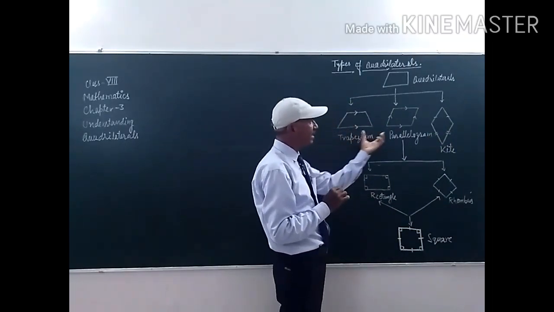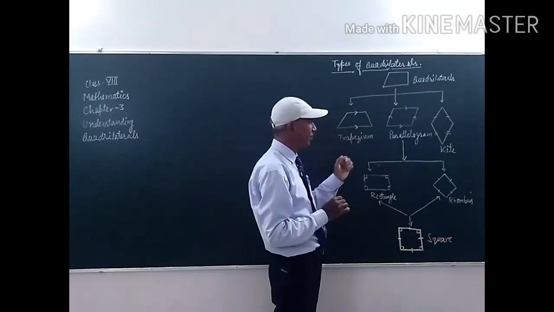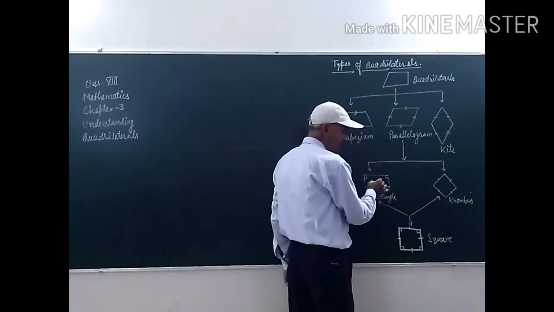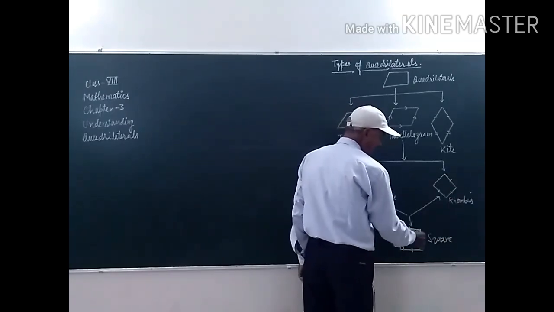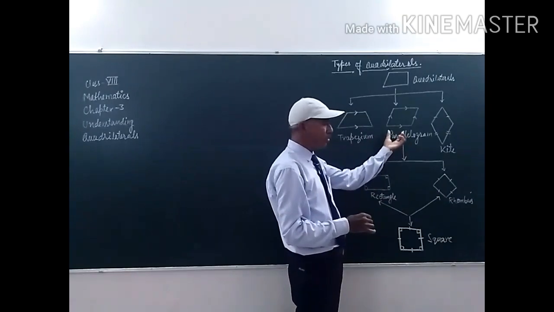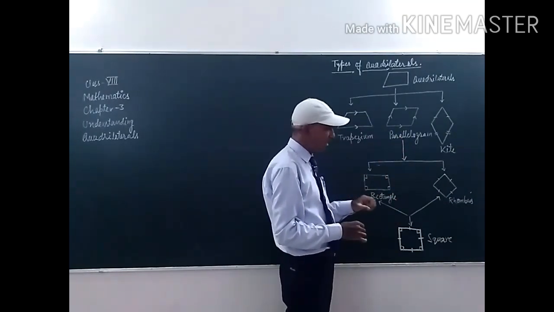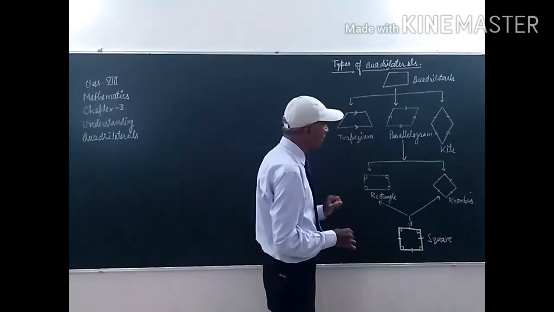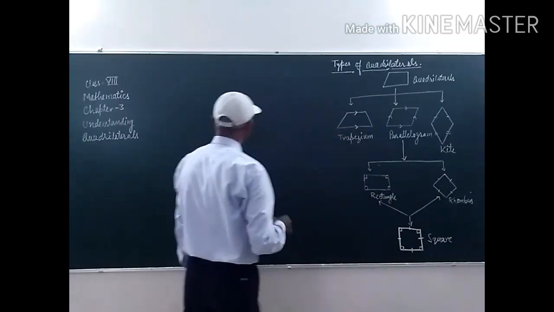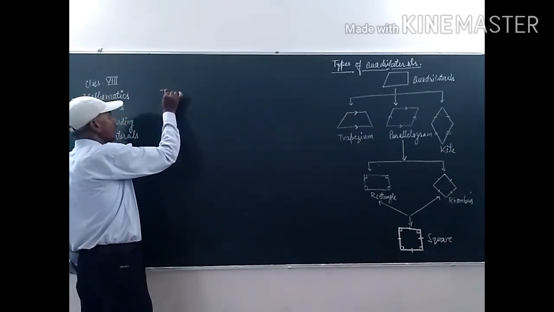There are three main categories of quadrilaterals, and all these figures, rectangle, rhombus and square, are related to parallelograms. These all are parallelograms, students, and these are quadrilaterals. So first of all we will define the trapezium, students. What is a trapezium? The first figure is a trapezium.